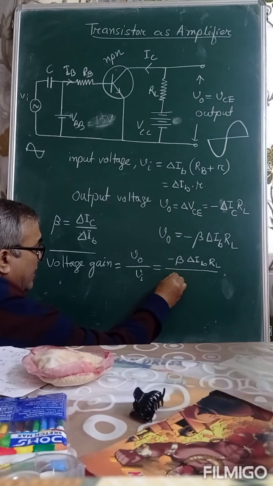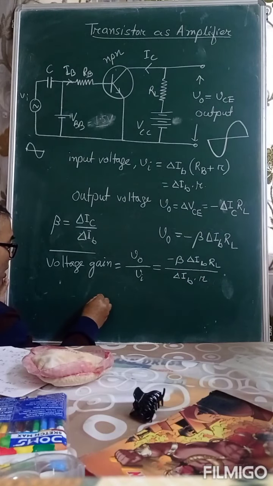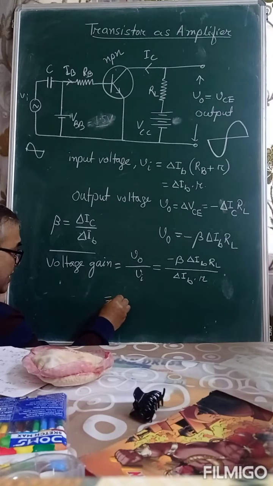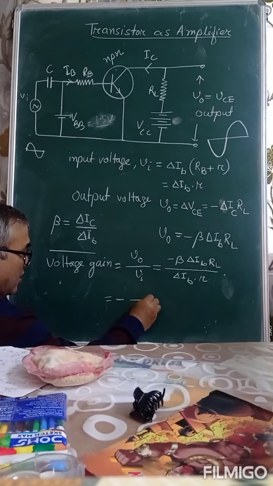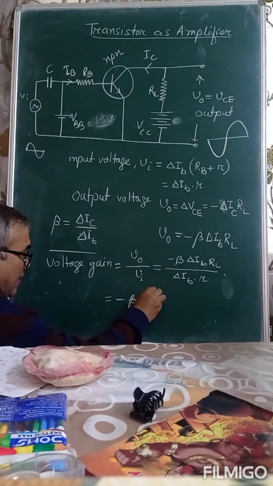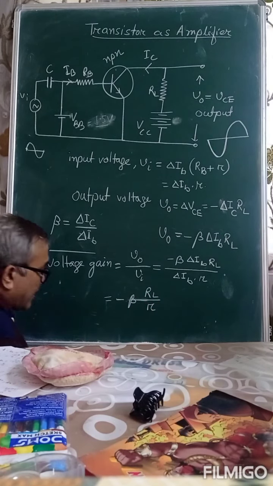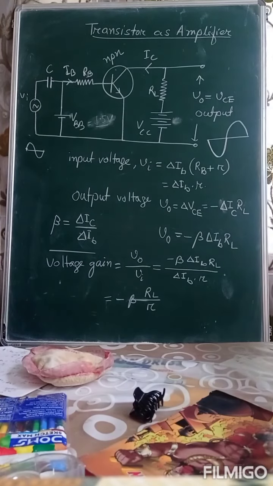What is the input voltage? Delta IB into small r. Therefore, voltage gain is minus beta into RL by R. So this is the voltage gain.